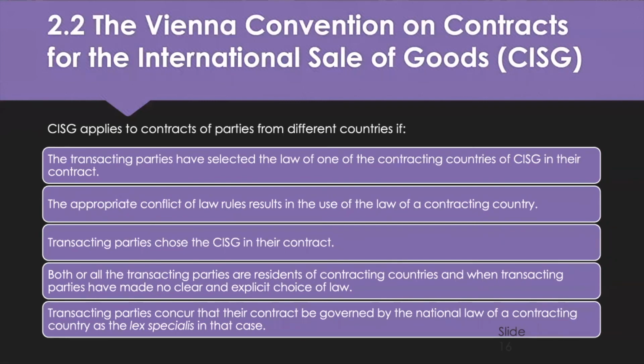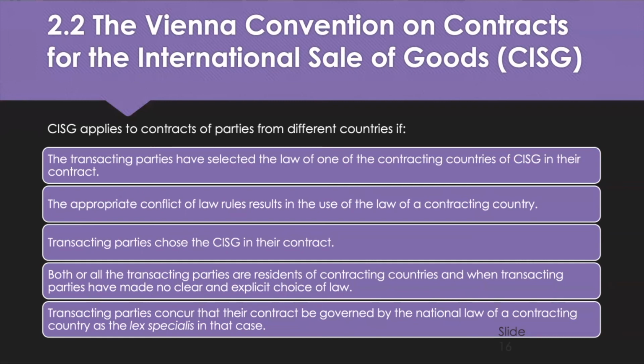It's been signed into national law by more than 90 countries, including Korea, Germany, Russia, Nigeria, Australia, China, New Zealand, and the USA. It was designed to take into consideration the diversity of legal approaches and traditions of many countries around the world, and to equitably allocate risk between the seller and the buyer.